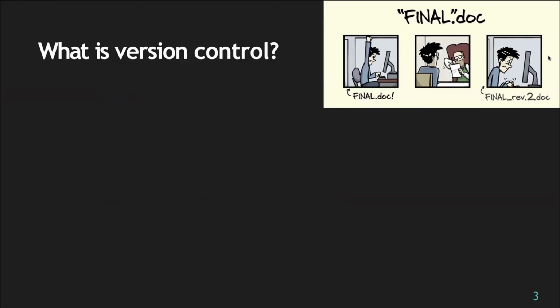So you go back to work and then revise your manuscript, save it under a new file, in this case, final_ref.to, some file name that makes sense to you in the moment. And this is basically already version control. And version control means that we create a record of different versions of the same thing, and we somehow organize that.